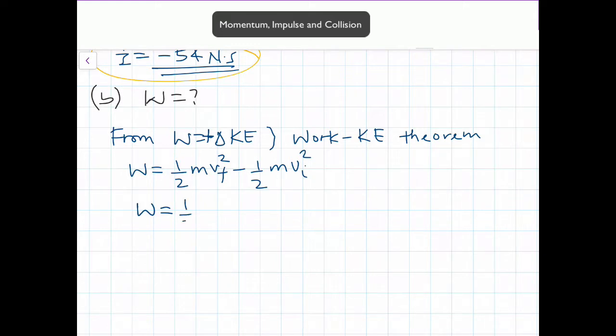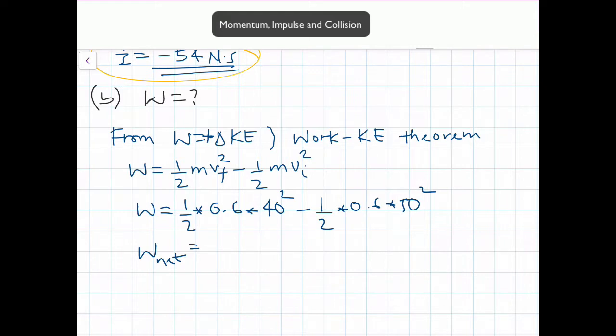So what you have is half times the mass, which is 0.6, multiplied by final velocity squared, minus half times 0.6 multiplied by 50 squared. You know that work can be negative even though it's a scalar quantity. So you can replace those values and get the answer. There can be 40 squared minus 50 squared.